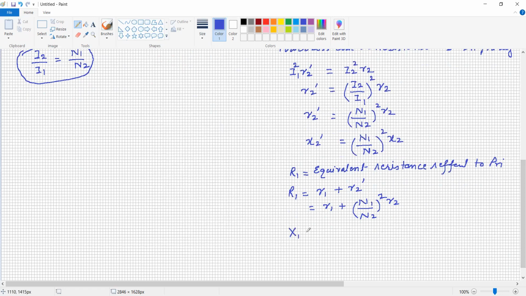Similarly, the reactance X1, the equivalent reactance referred to the primary winding, is equal to X1 plus N1 upon N2, bracket square, X2.